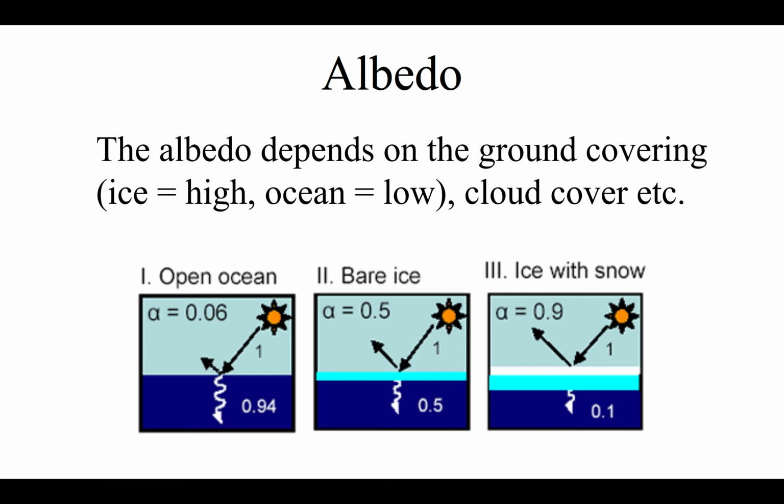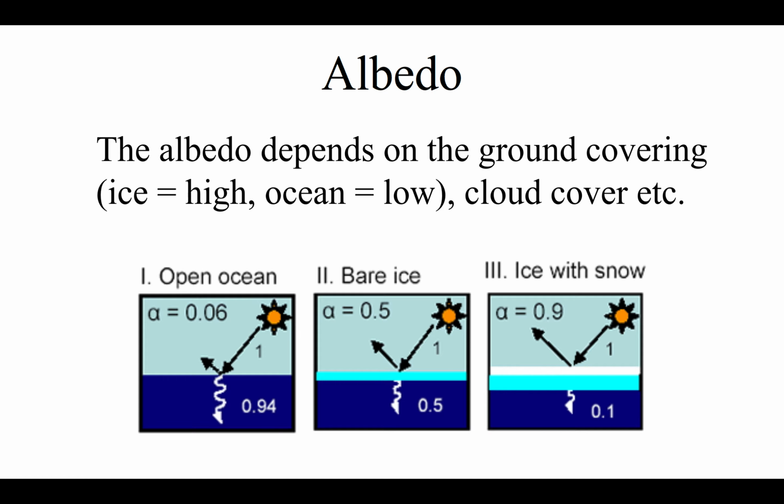So here we have 3 examples. Open ocean with a very low albedo, which means there's lots of absorption. Bare ice with a higher albedo, 0.5, which gives us some absorption and some reflection.